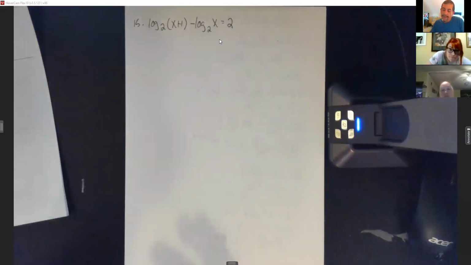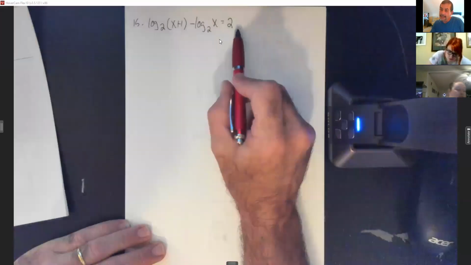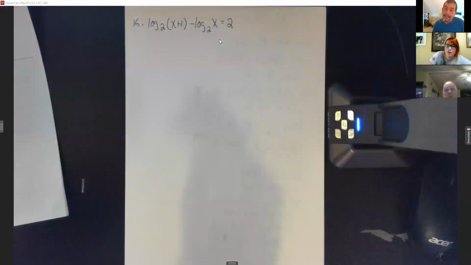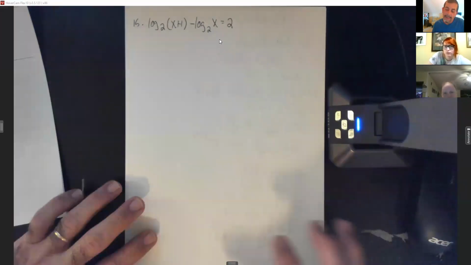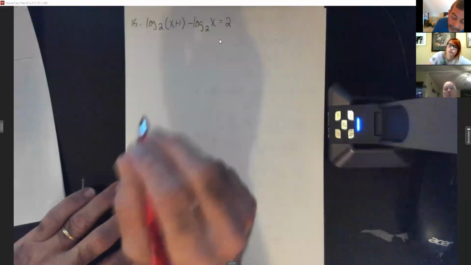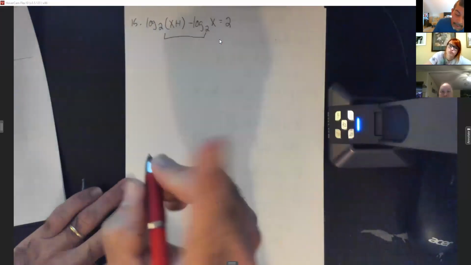So notice this one's got logs on the left side, but I do not have any logs on the right side where the 2 is. So I'm not going to be able to use that log base property. So what happens when you cannot use the log base property, we got to rewrite these as exponential. But remember, the first thing we want to do is rewrite those two logs as a single log.